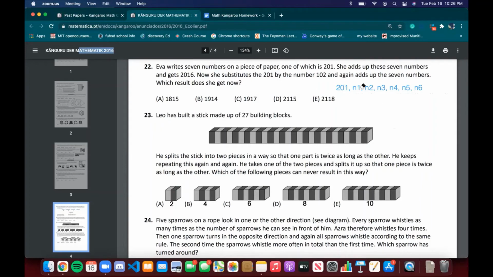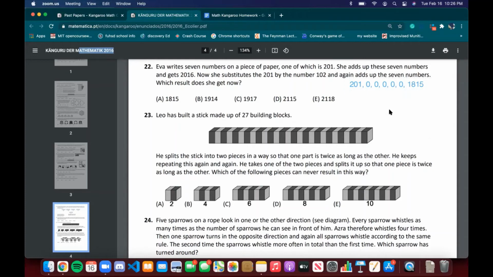We would just replace all of these with 1, or whatever's easy, perhaps 0. So 201, oh, and she gets 2016. We can do 0, 0, 0, 0, 0. And then for the last one, we can do 2016 minus 201, which is 1815.